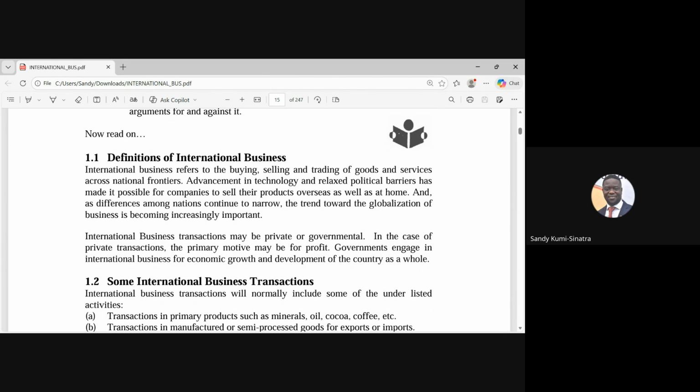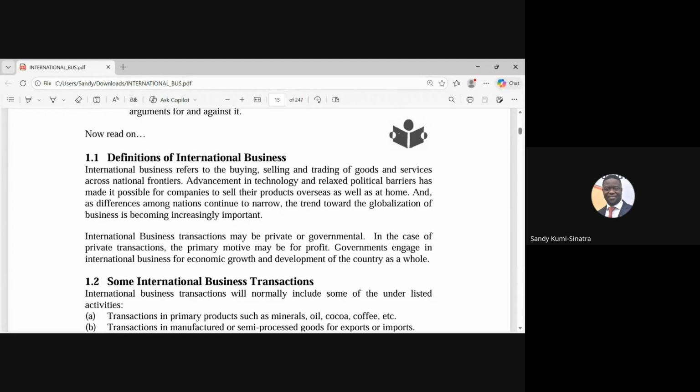Individuals enter the foreign markets basically to make profits, whilst government also enters into the international market or transacts international businesses for economic growth and development.